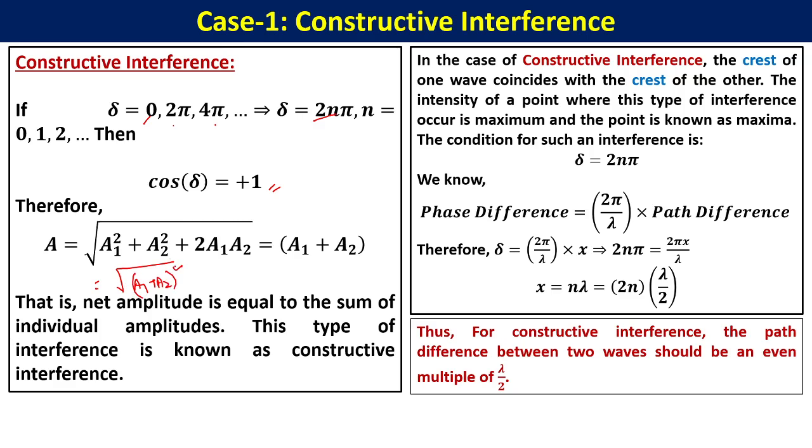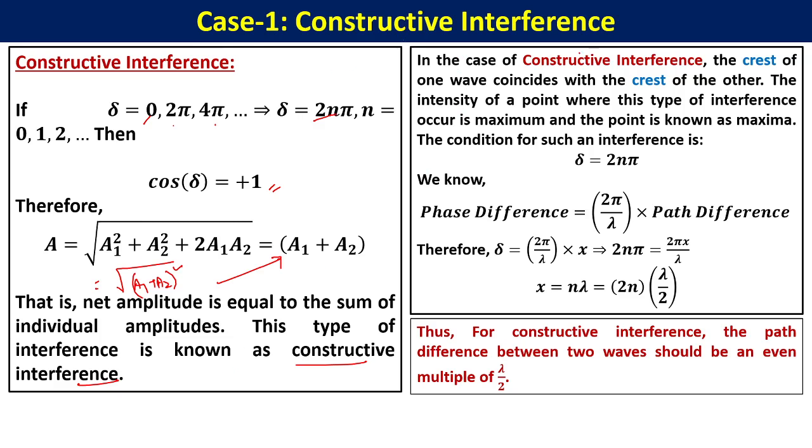Since there is a square and a square root, they cancel each other and ultimately you get a1 plus a2. So the net amplitude is equal to the sum of the individual amplitudes, and this type of interference is known as constructive interference. This is a case of reinforcement superposition, where ultimately the total energy is enhanced.